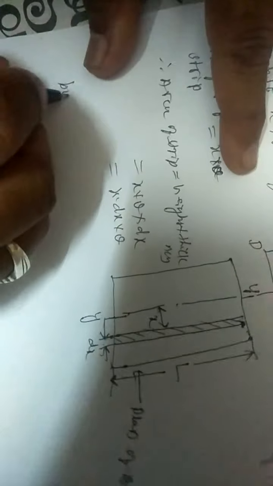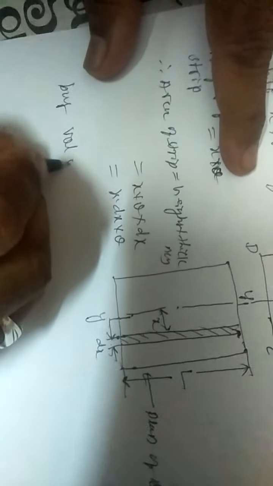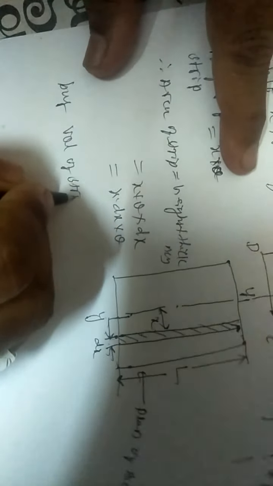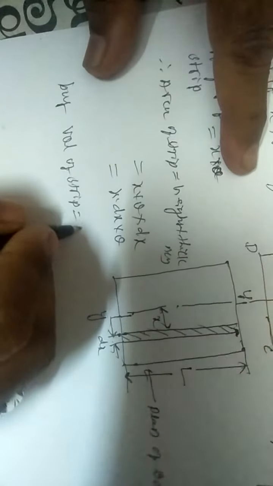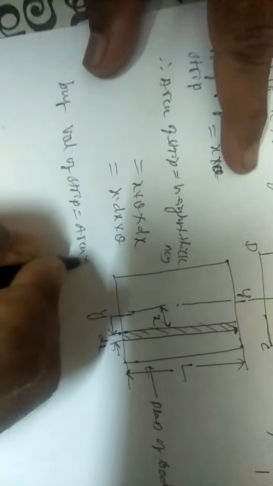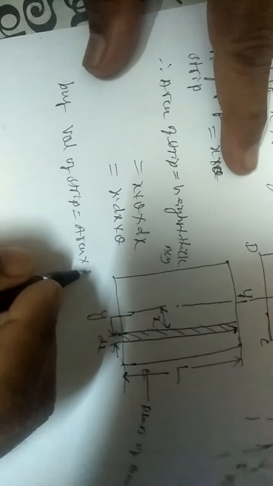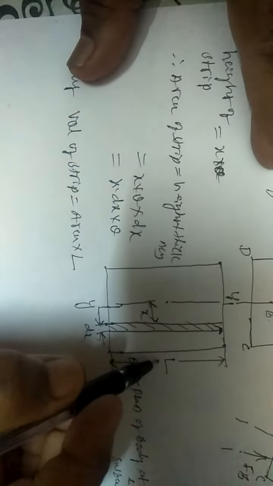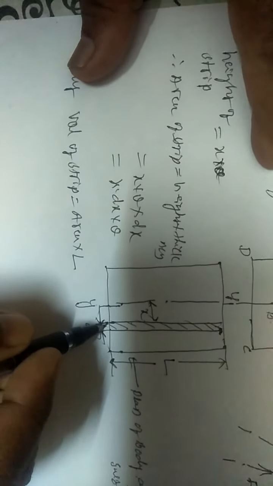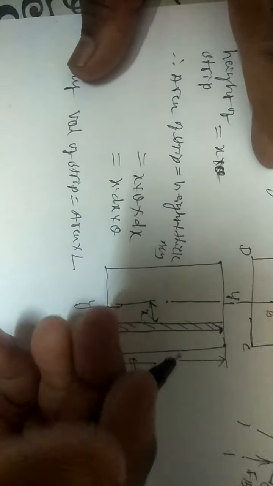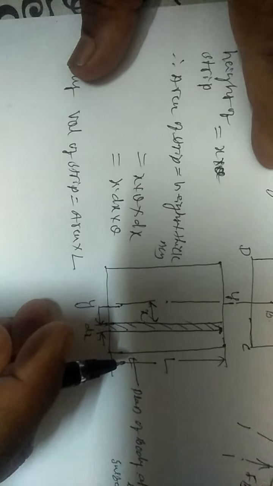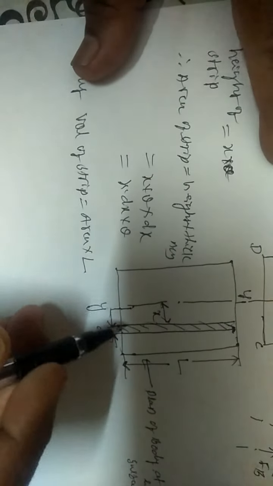The volume of the strip equals area into length, because we have to consider the length, which comes in the side view.